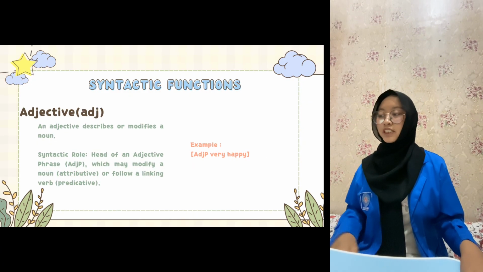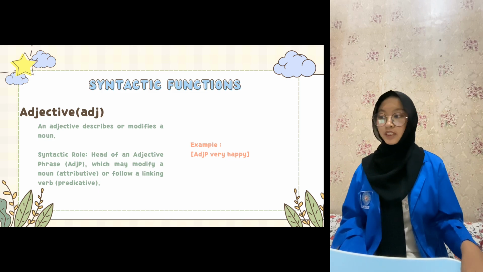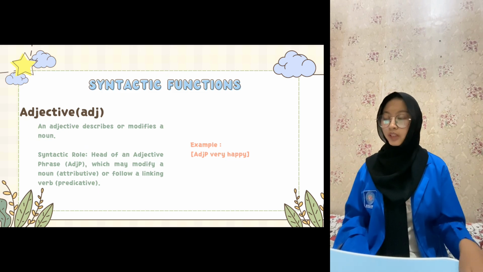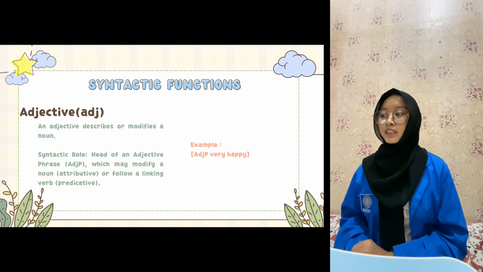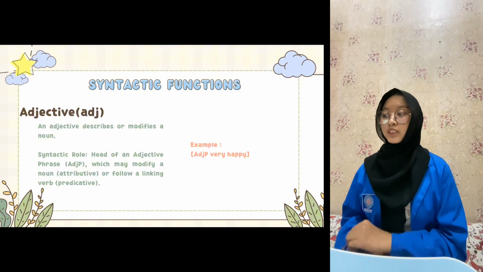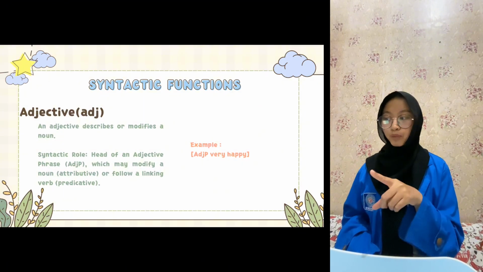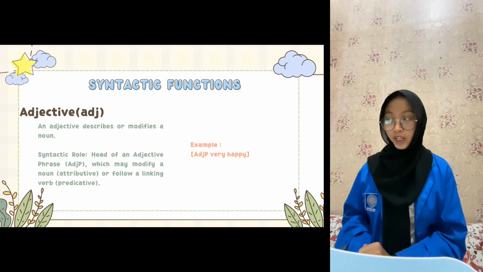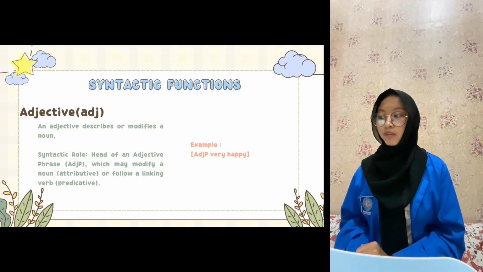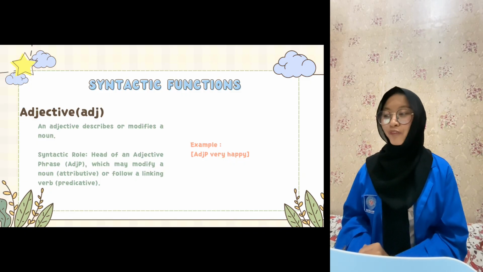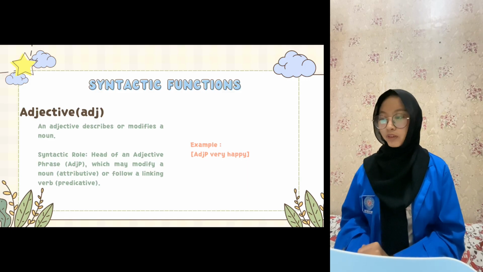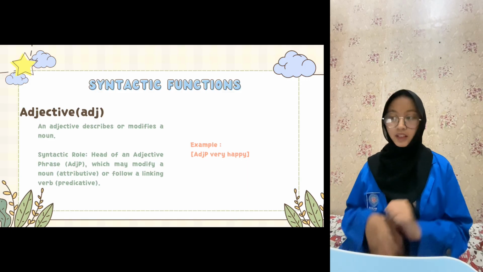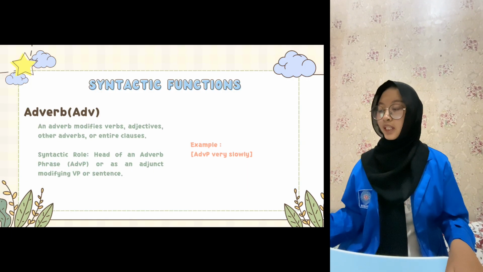Next is adjective. An adjective describes or modifies a noun. For its syntactic role, it is the head of an adjective phrase, which may modify a noun (attributive) or follow a linking verb (predicative). For example, very happy as an adjective phrase.